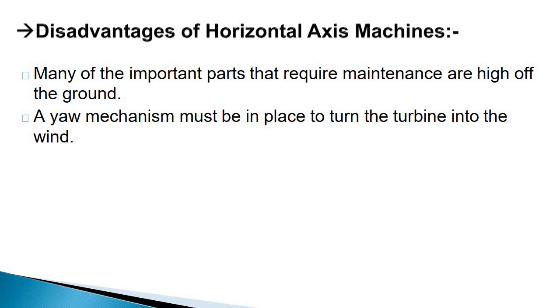The yaw mechanism is used to change the angle of the blade. That mechanism must be in place to turn the turbine into the wind, because direction of flow of wind is not constant throughout the year, so we have to turn the turbine blades according to the wind direction.